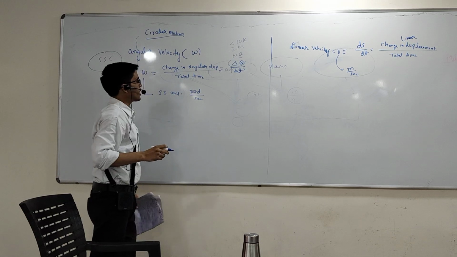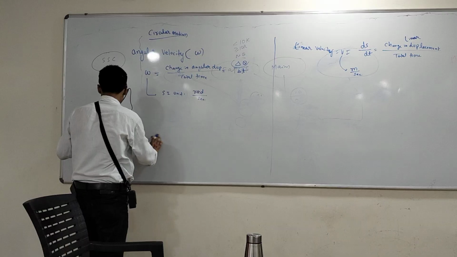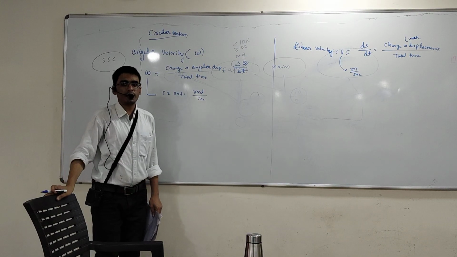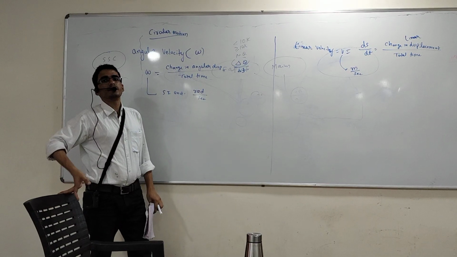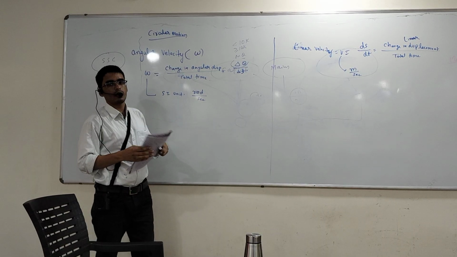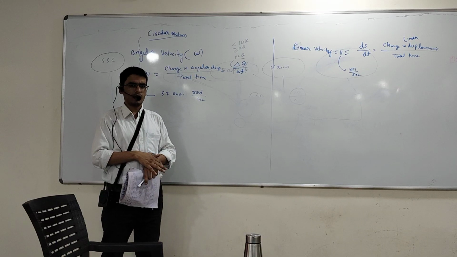Correct? Is omega a vector quantity or a scalar quantity? Omega is a vector quantity, so it also has a direction.